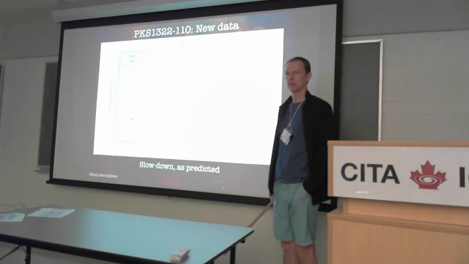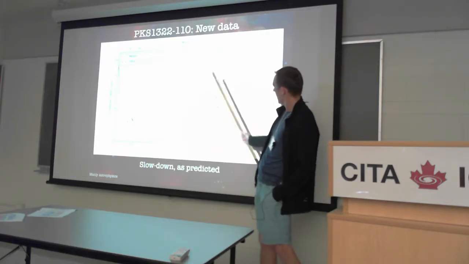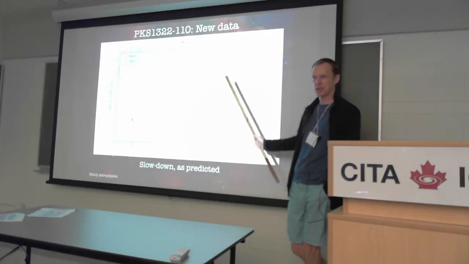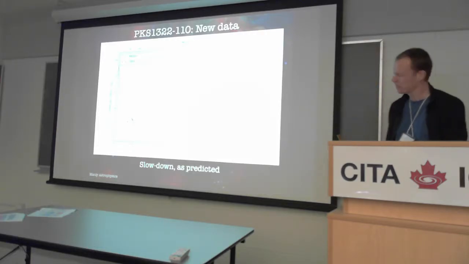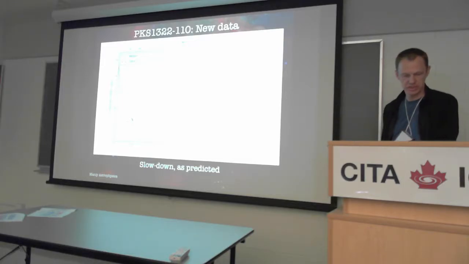Now we have the data for it, and you see it lands pretty much where predicted, with just a single free parameter. That makes me believe there is something to this connection.